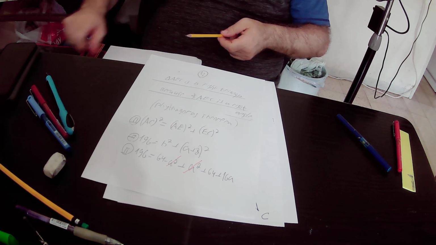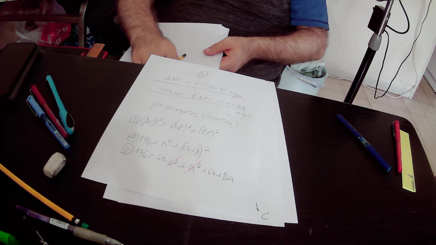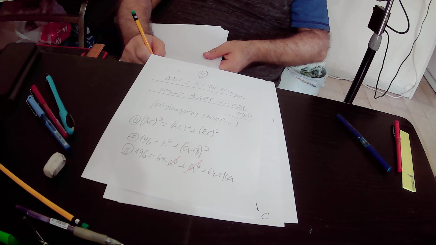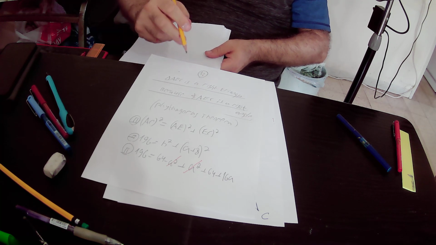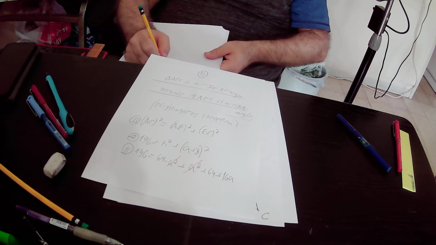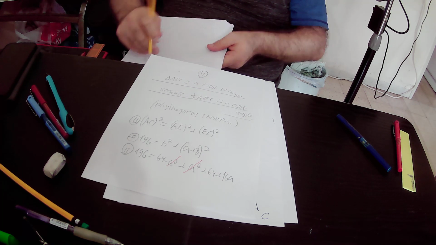Okay, so I will write it down. In total, in equation number 2 we got that 196 equals 64 plus 64 is 128, plus 16a.